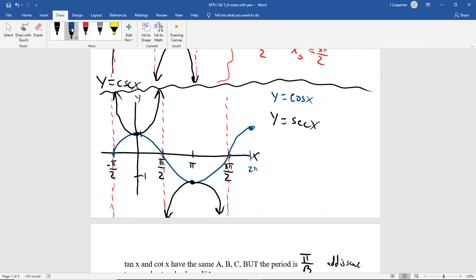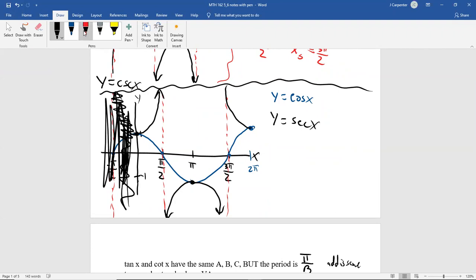The secant graph would have looked like this. You'd be cutting off this part right here. You'd be completely ignoring all of that section, and you would have this, I'm drawing what you'd see in red, and then this, which looks like 3 different pieces, which is why we don't do it that way.